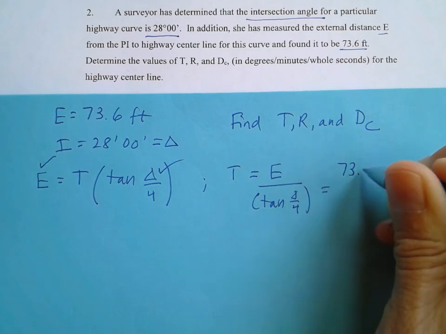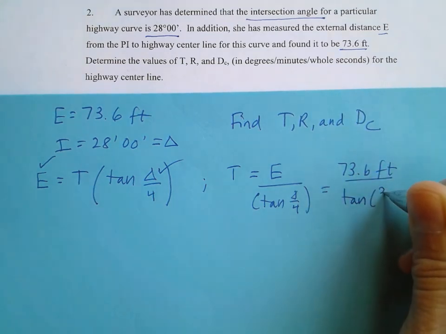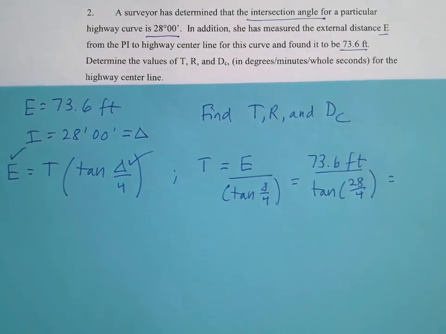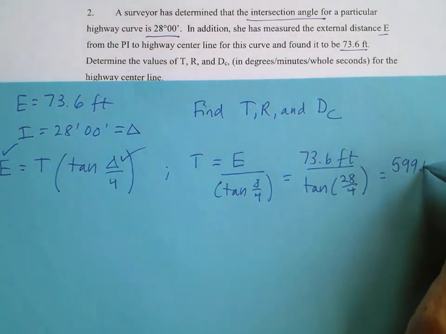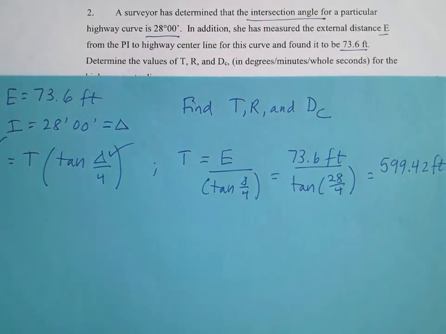We have 73.6 feet over the tangent of 28 over 4. And putting that into the calculator gives us a value of 599.42 feet. We'll take that out 2 decimal places, as we usually do for solving these simple horizontal curve problems. So that's our first value.